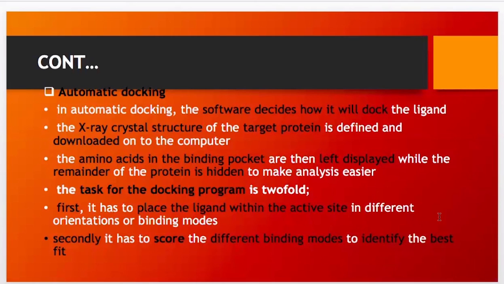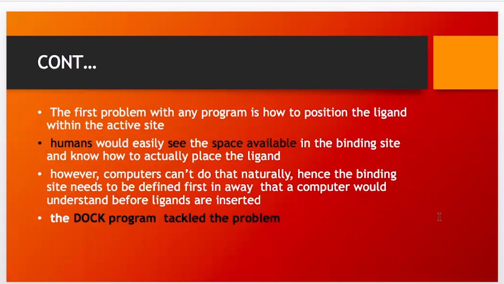It will score it and tell you which one will give you the best fit. It will keep putting the ligand in this position, rotating it to the other position, and scoring, and at the end of it all, the computer software will give you the best of them to say, this one gave the best fit, okay?